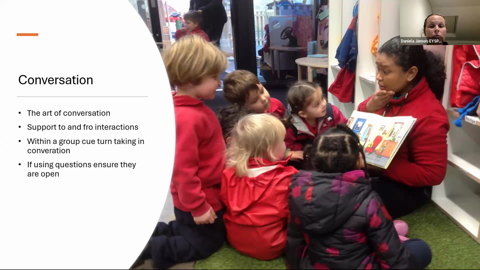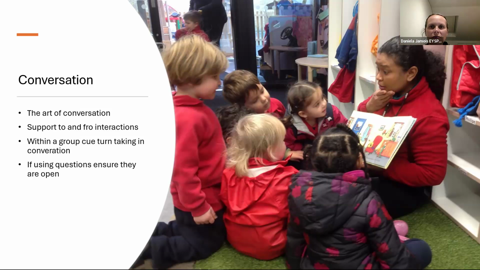So here an adult is doing some interactive reading, and that is when you invite the children's comments and you ask them to take over the reading of the story by commenting on what they see, and then they comment on what the previous child has just said.